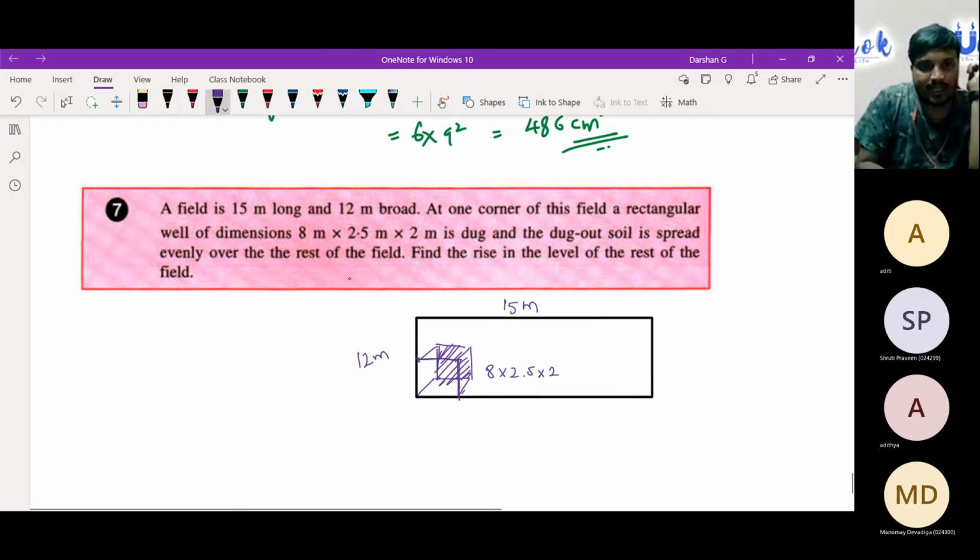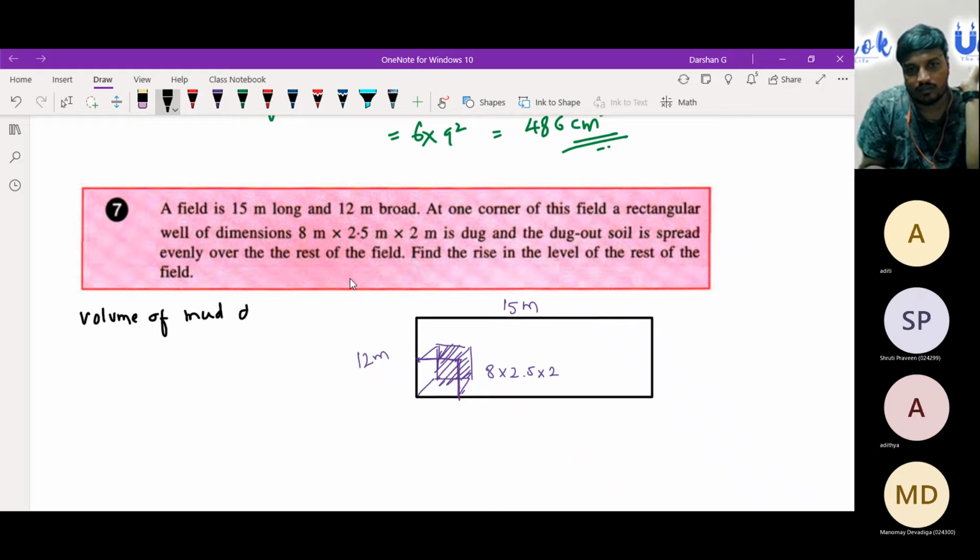Okay, so let me calculate the volume. Volume of the mud dug. Mud should be 8 times 2.5 times 2.